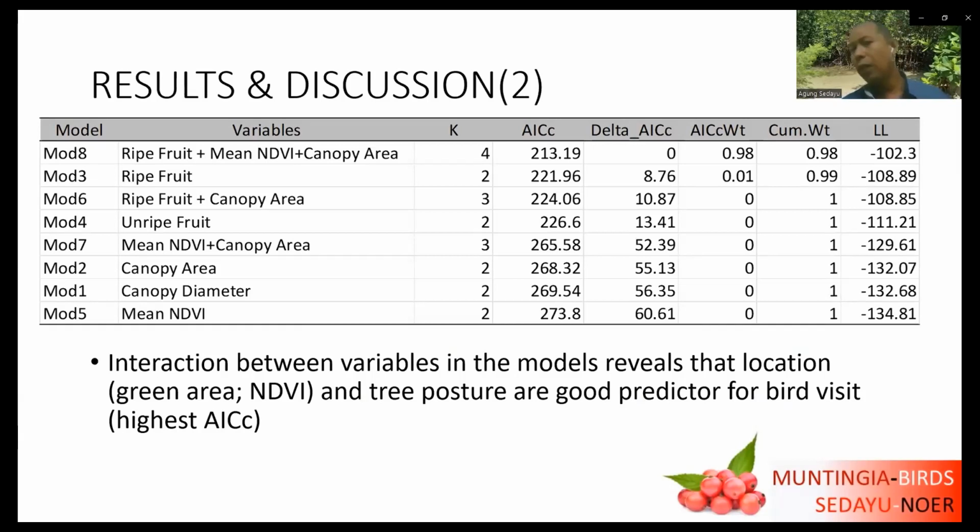Canopy area and canopy diameter are attributes of tree posture, and the mean NDVI is an attribute of area greenness. So the interaction between variables in the model reveals that location, green area or NDVI, and tree posture are good predictors for bird species, which can be seen in the highest AICc value.